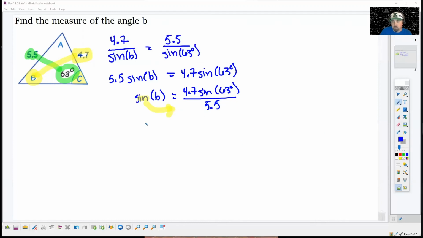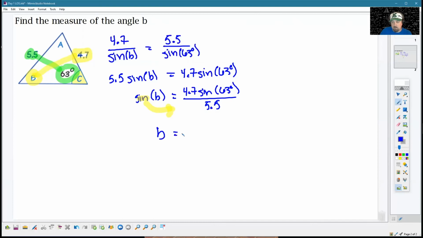So to move that algebraically to the other side, it turns into the inverse sine, which essentially is just another button on our calculator, guys. But we need to do this calculation inside the parentheses first, find that number, and then take the inverse sine of it. And I don't want to round anything, so I'm going to use the answer function of the calculator. So I'm going to go 4.7 sine of 63.